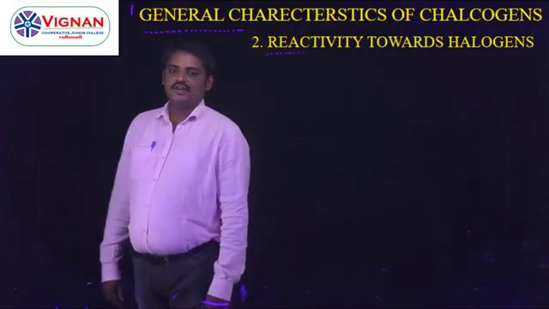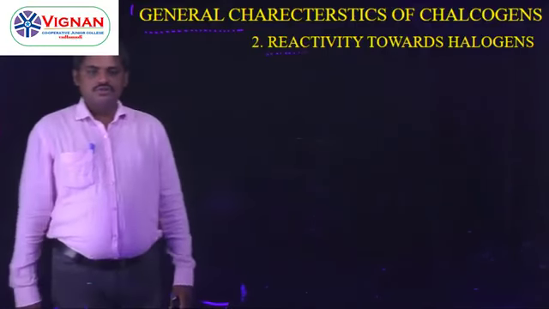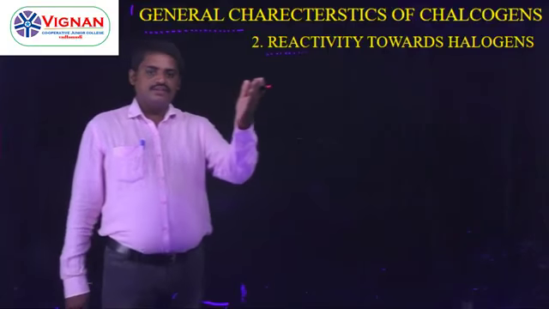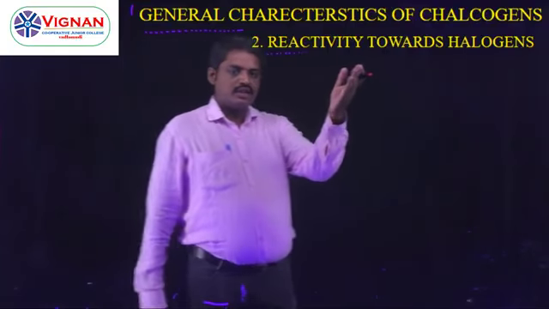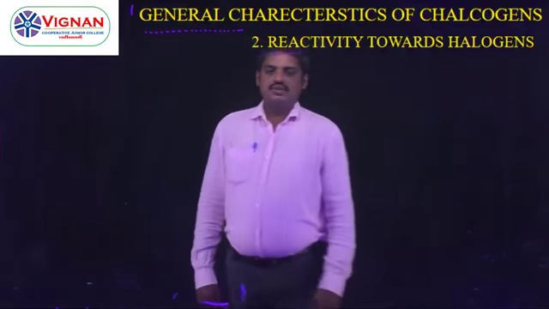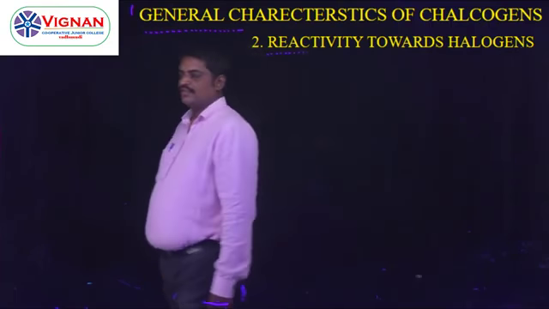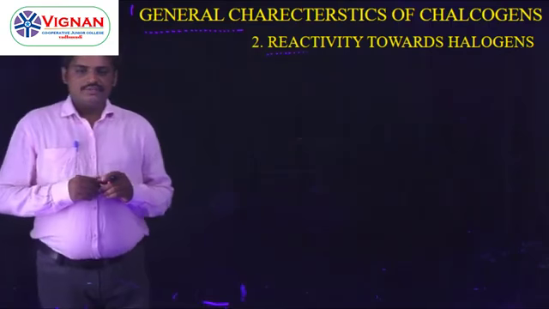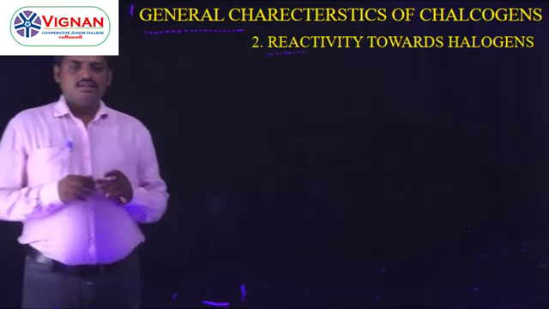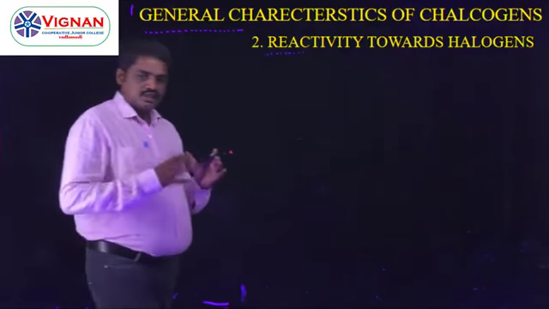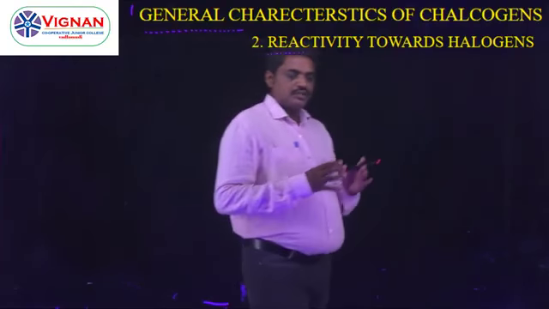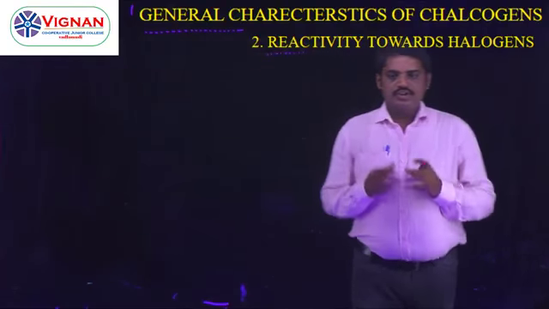Today we are going to learn about reactivity towards halogens for 16th group elements. Okay, 16th group elements like oxygen, sulfur, selenium, tellurium, polonium.